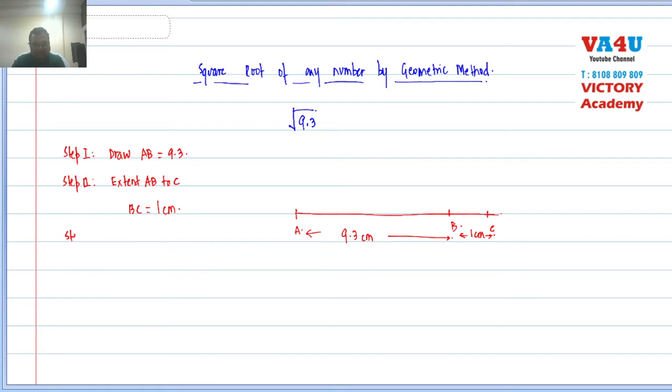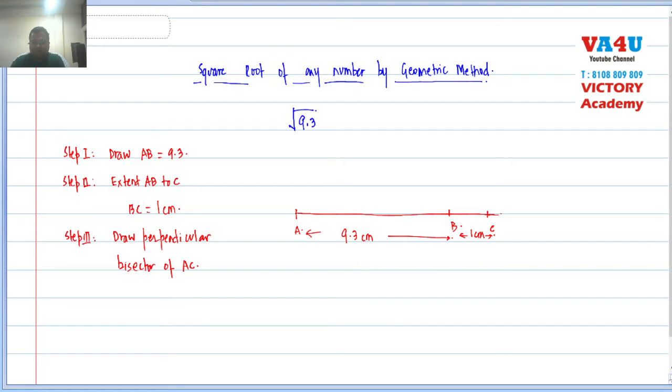Then step 3, draw perpendicular bisector of AC. ये जो बड़ा सेगमेंट बना है AC, इसका perpendicular bisector ड्रॉ करना है.